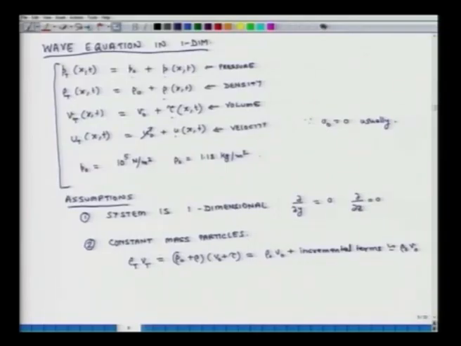So, these are the two key assumptions, and we will also talk a little bit more about some other assumptions in the next class, but this is how I am going to frame my problem.